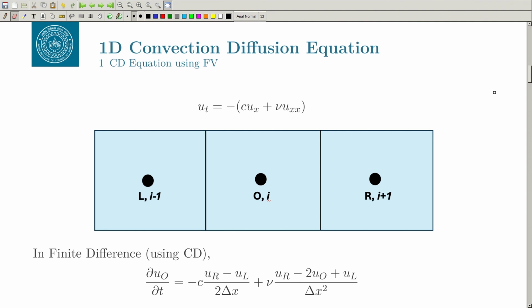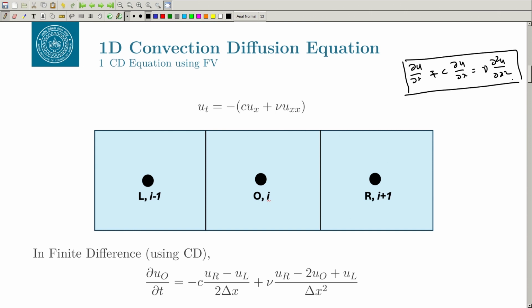The equation that we are trying to solve is del u by del t plus c del u by del x is equal to nu del 2 u by del x square. This is the convection equation, and this is the viscosity term.